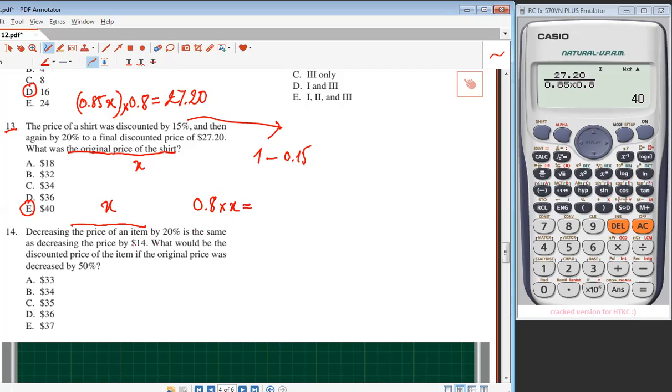It's tricky. We must be careful here. Decreasing the price by $14, we take S subtract 14.